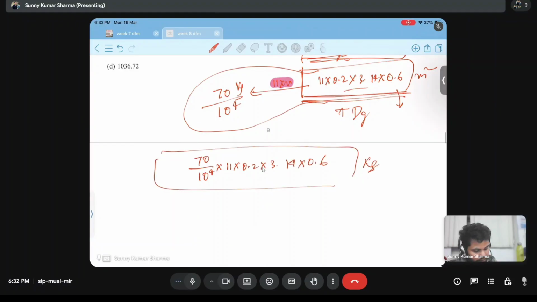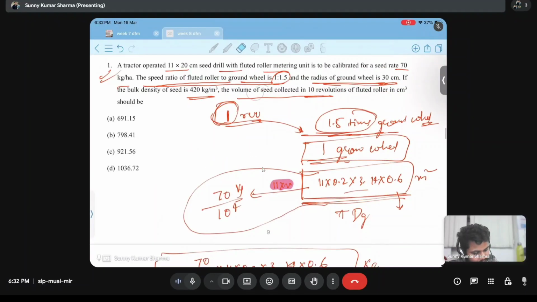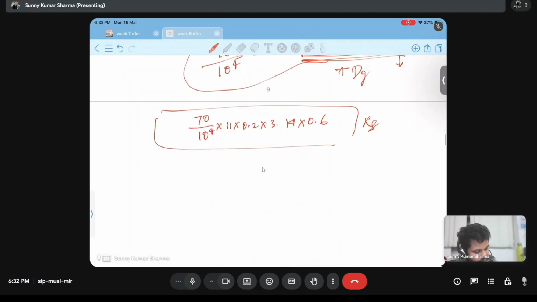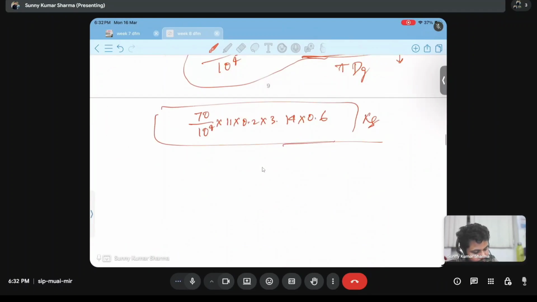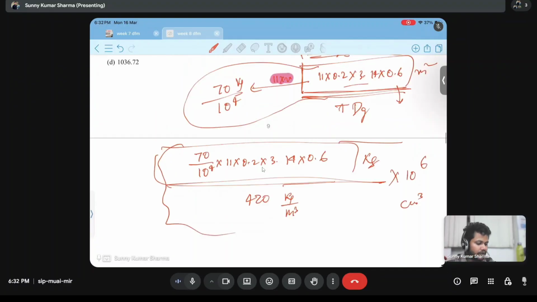This is what we are asking, the volume of seed. So we need to know the density. Our density of seed is 7.4 multiplication. This divided by bulk density. So this is the volume of seed in one revolution of the ground wheel.